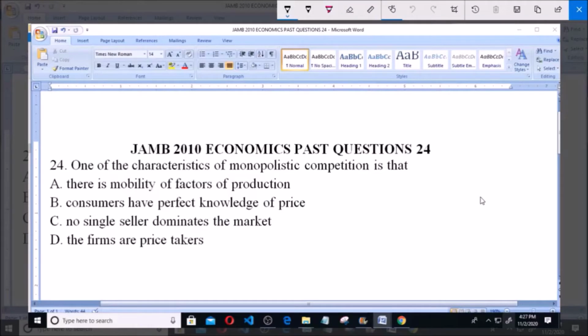JAMB 2010 Economics past question 24 says one of the characteristics of monopolistic competition is that.